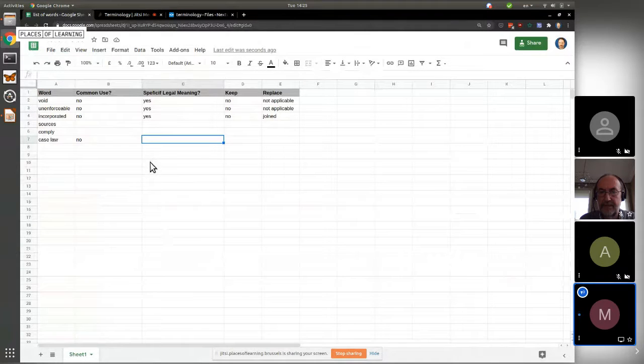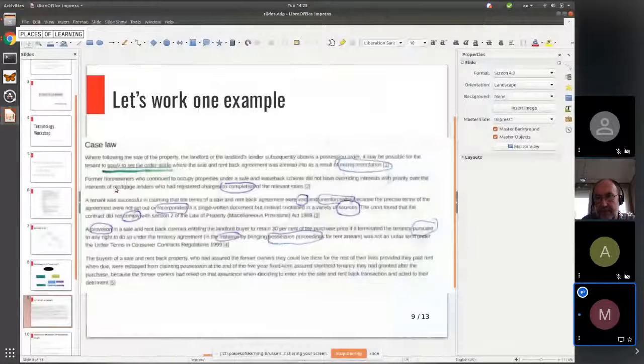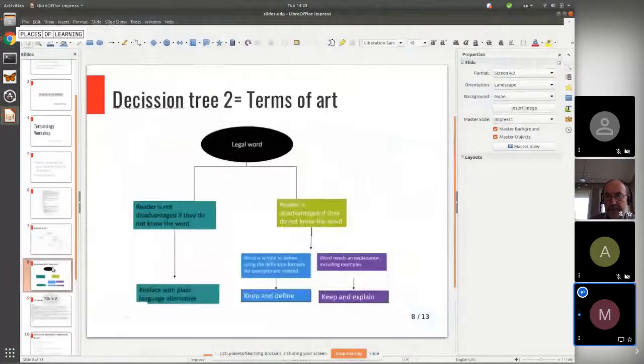Does it have a specific legal meaning, case law? Yes. Now, the next question is: is the reader disadvantaged if they do not know what case law means?